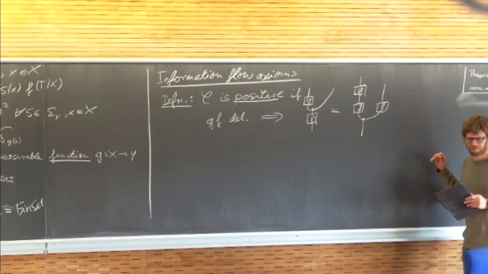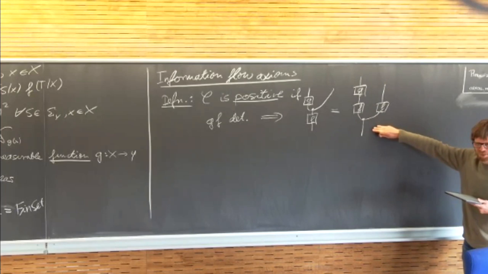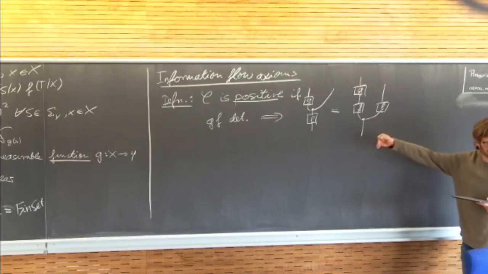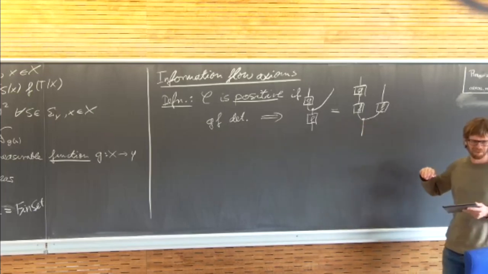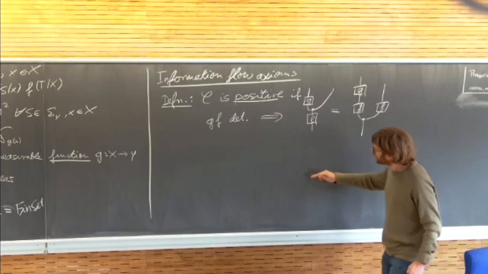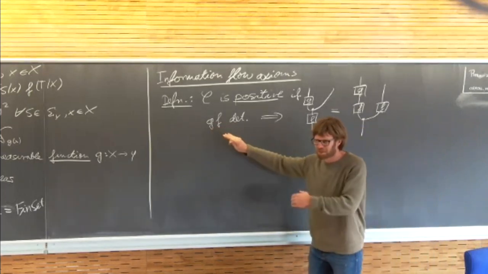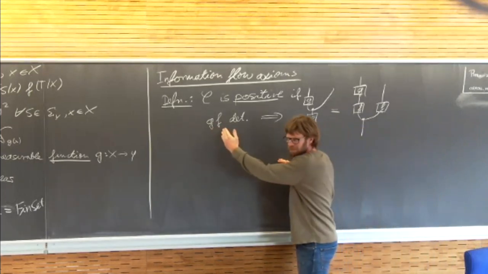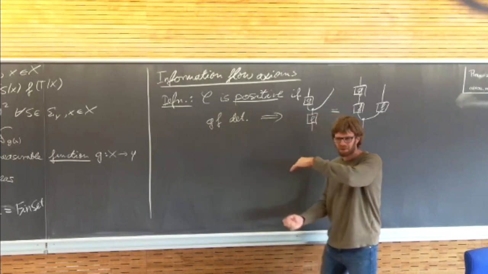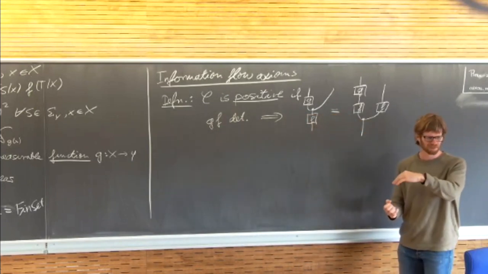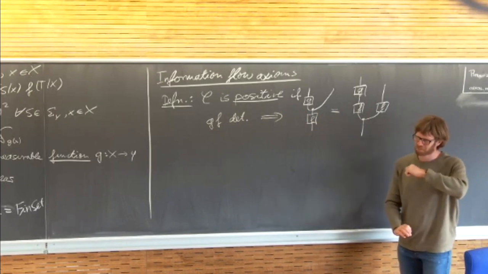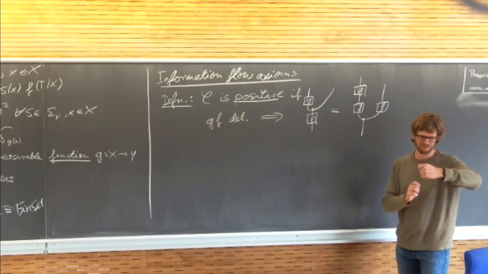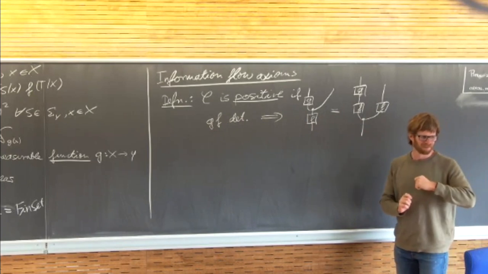And I want to claim that this equation is actually very intuitive, and explain the intuition behind it if you think in terms of computation and circuit diagrams. Because then what we have is a computation which has two parts, two phases, and the whole computation gives you a deterministic result. There's no uncertainty in it. You can compute it from the input in a definite way.